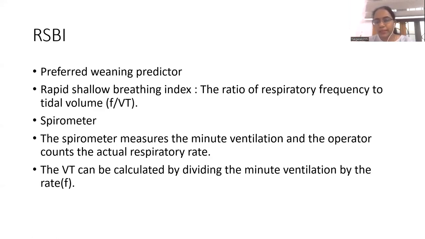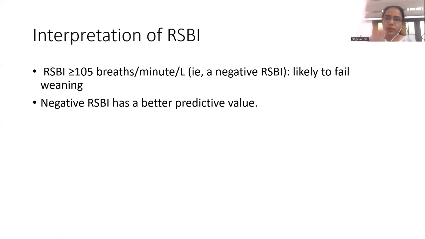The tidal volume can be calculated by dividing the minute ventilation by the rate. So now how do we interpret the RSBI? An RSBI of more than 105 breaths per minute per liter is likely to fail weaning, and a negative RSBI has a better predictive value.